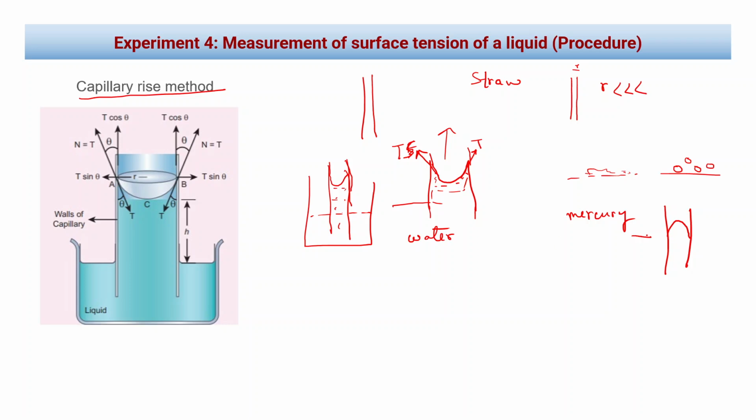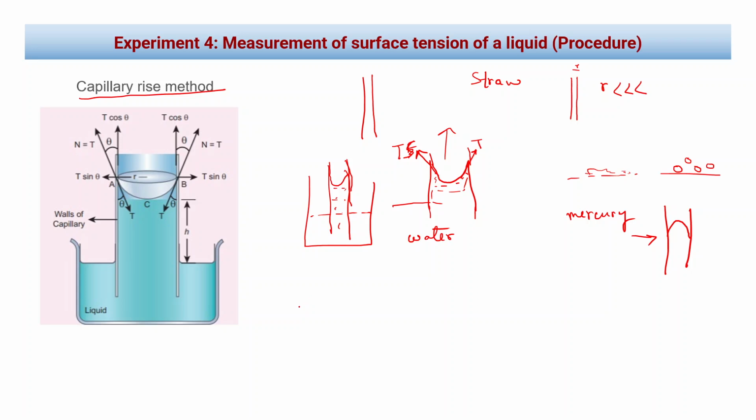Anyway, this is the capillary rise method: when we insert a capillary, the liquid will rise, and depending on the nature of the liquid, there will be a particular shape of this end. Now, we'll not go into the derivation of the working formula, but what is the expression we'll start with.